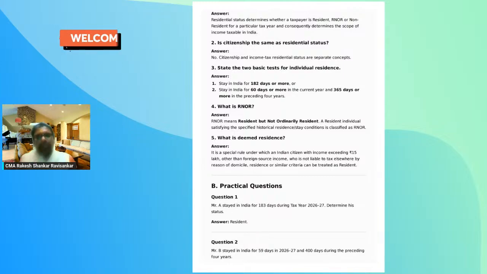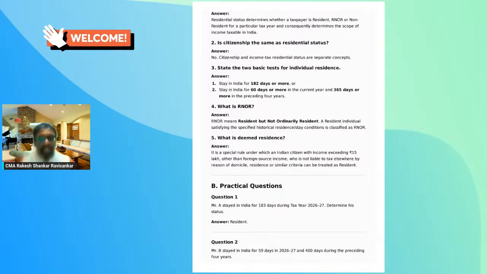If any one of the basic tests as per section 6 is satisfied, the person becomes a resident. A person who satisfies the additional conditions, the specified historical residence or stay conditions, we call a not ordinarily resident.